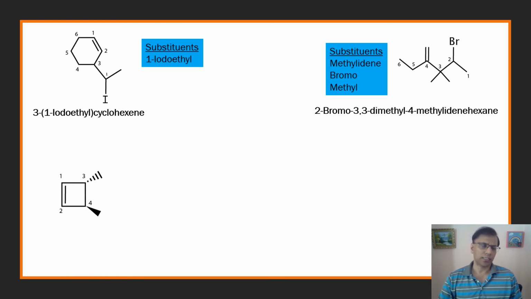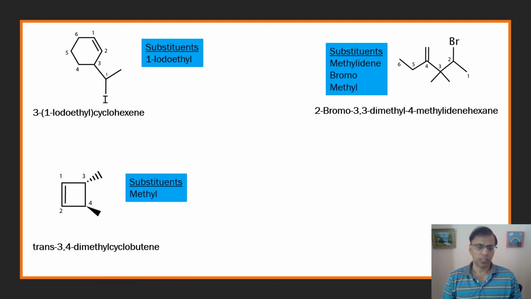Let's look at another example. In this case, this is a cyclobutene ring, because it has 1, 2, 3, 4, and the double bond is within the ring. On carbon atoms 3 and 4, you have two methyl groups. If you recall the convention, this is the wedge, and the wedge indicates that this methyl group is on the top of the ring, whereas this hash represents the methyl group is below the ring.